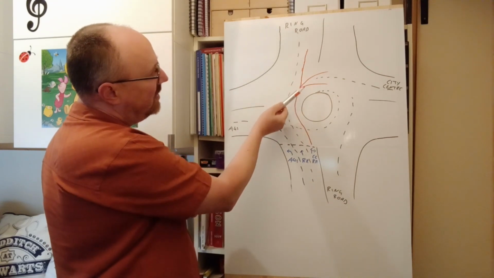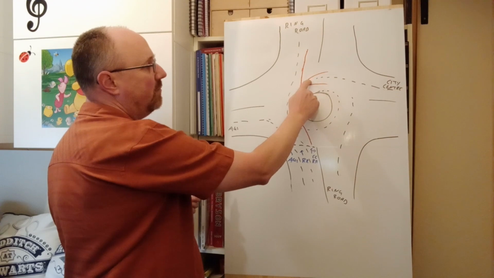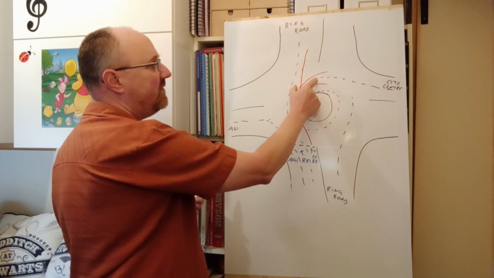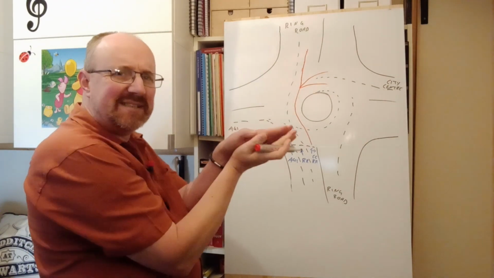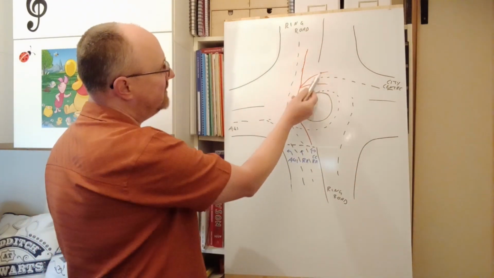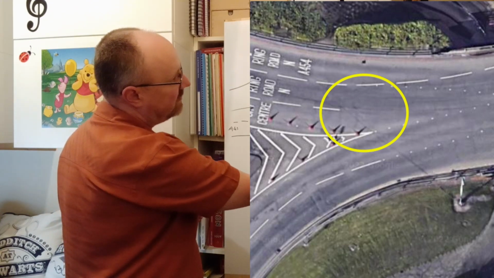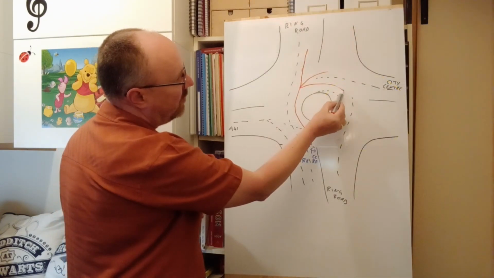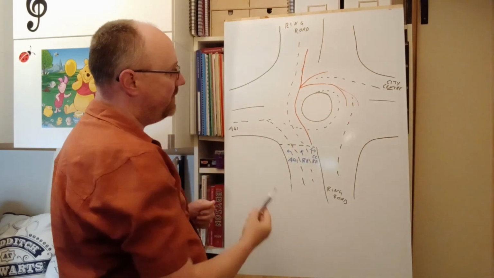Just watch out. There's some markings missing here, so whenever there's a gap, it's generally telling you that that lane might split into 2, just as it does here. Something similar happens here. We can go to there, or we can go to there.